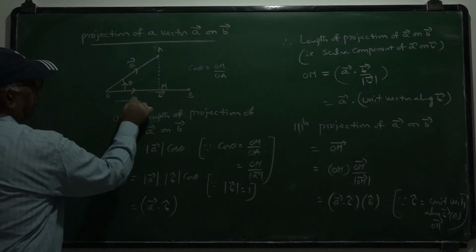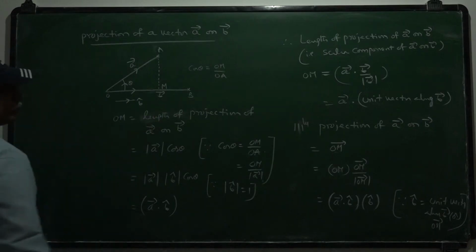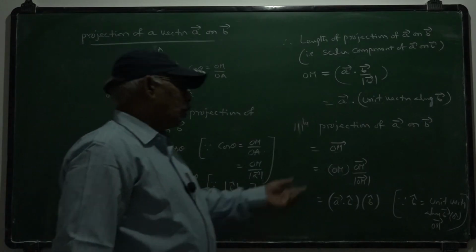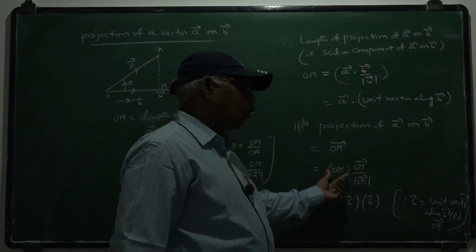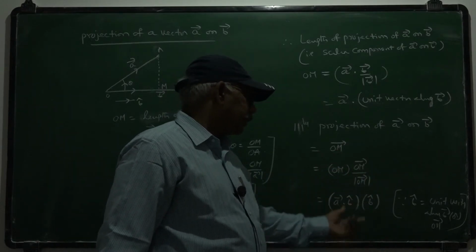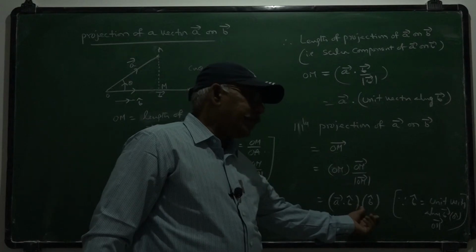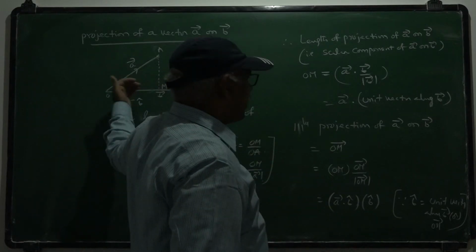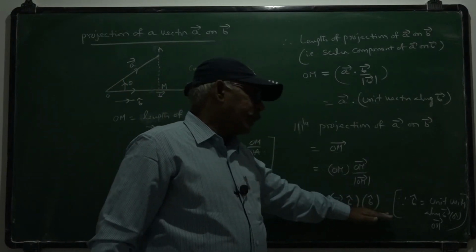So, B cap is in this direction. Since OM bar is nothing but OM, the magnitude of that vector, and the unit vector in the direction is B cap itself, the unit vector in the direction of B bar itself.